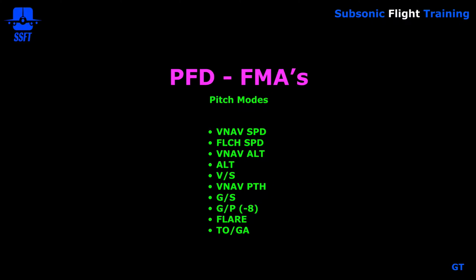Again, particular to the -8 would be G/P, which is glide path. We won't be talking about that in our auto flight section because we're looking at the base aircraft we're using, which is the 400. In the future, of course, there will be some briefings on 747-8, 777, 757, 767, and 787.